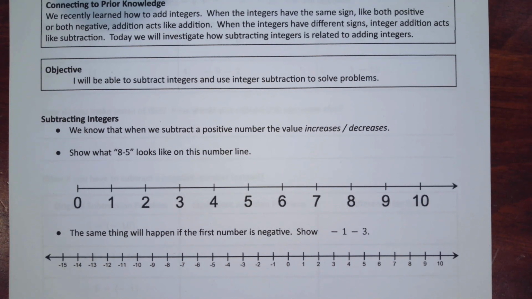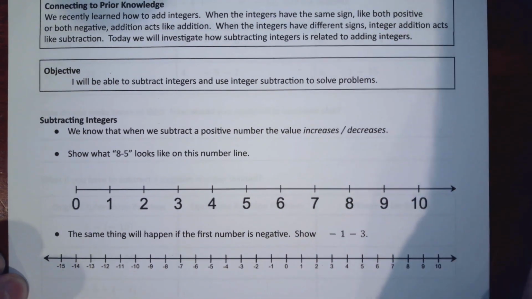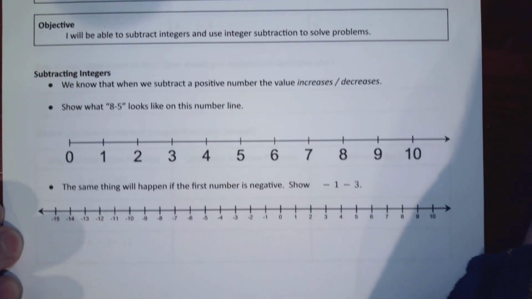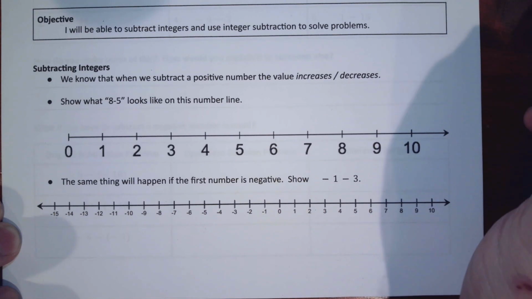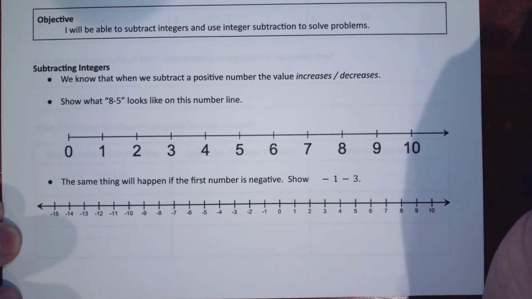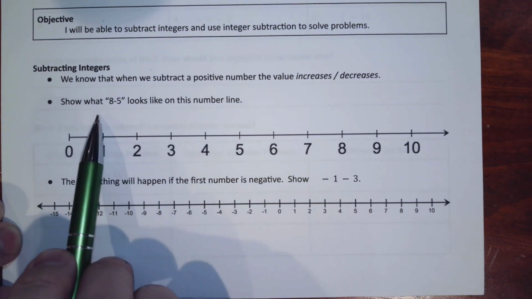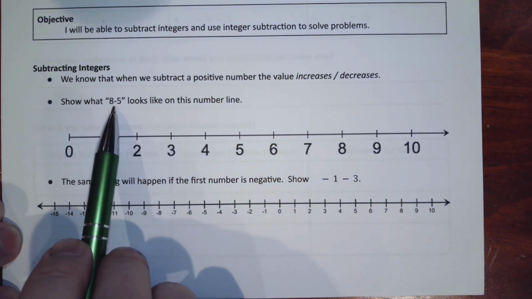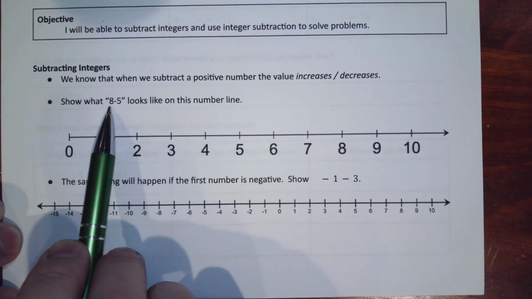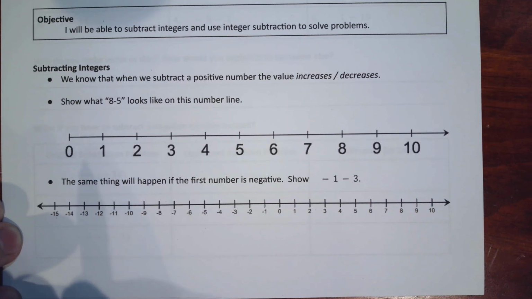We know that when we subtract a positive number, the value either increases or decreases. So let's think about that. Which one should we circle? Whenever we subtract a positive number, does the answer increase or does it decrease? For example, when we take away 5 from 8, does the answer increase or does it decrease?